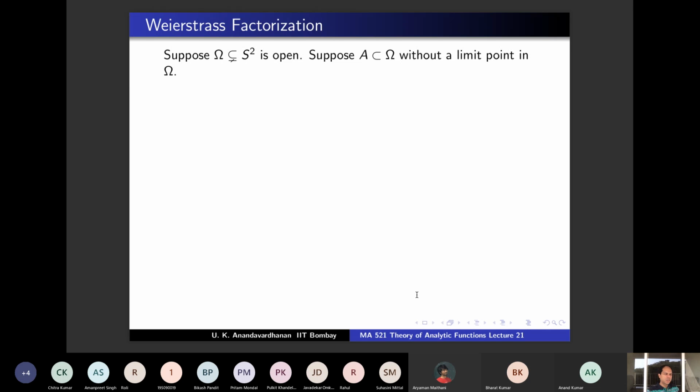So this is the Weierstrass theorem. If you give me a set and prescribed multiplicities, I can construct a holomorphic function whose zeros are precisely the set that you have given, with precisely the multiplicities that you have given.